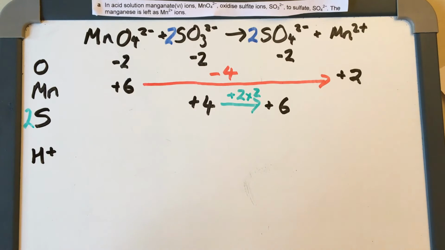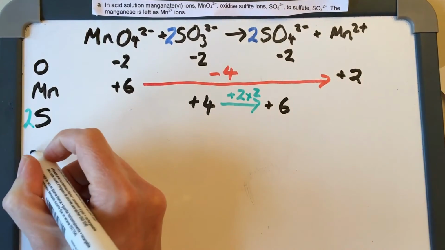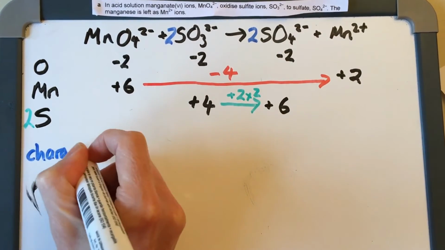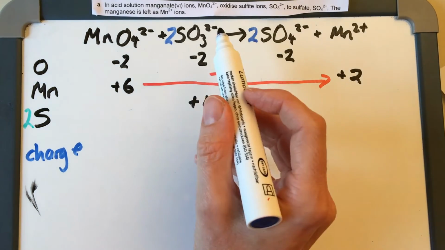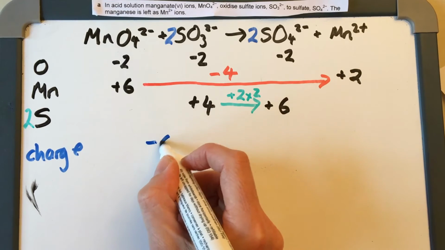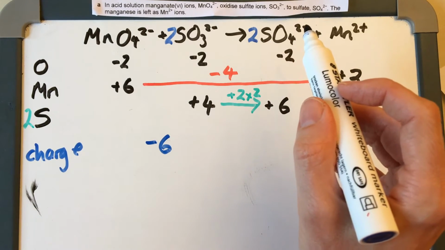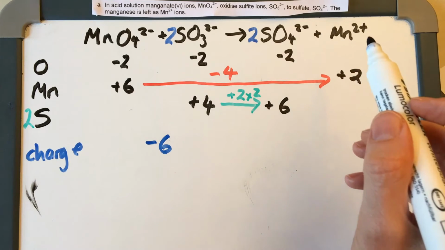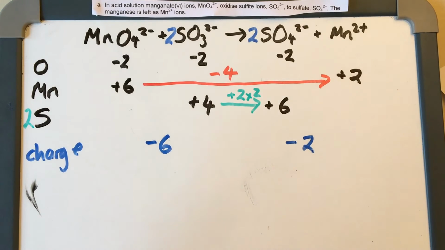But first of all, let's have a look at the charge. So I'm going to put charge here. So over here I've got -2 and then 2 times -2, so overall that is -6. And on this side I've got 2 times -2, that's -4 plus 2, so that is -2.